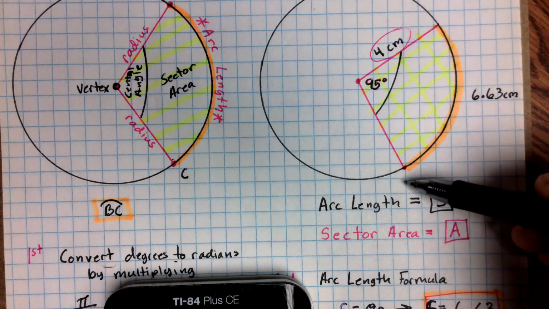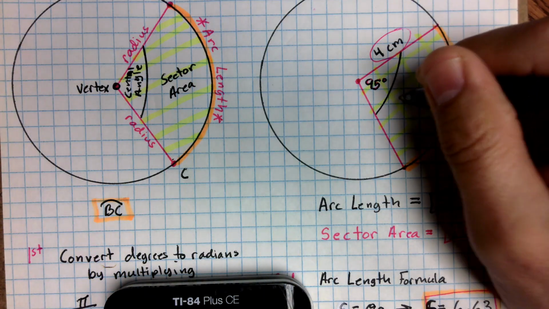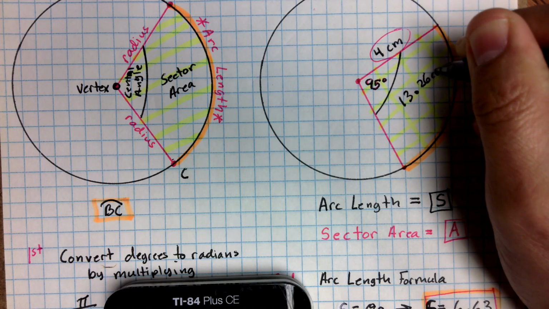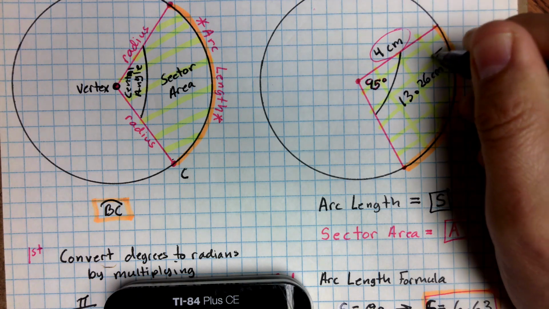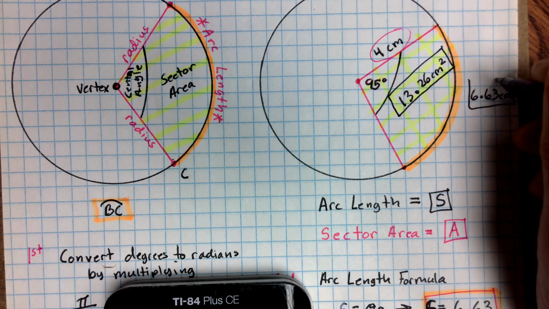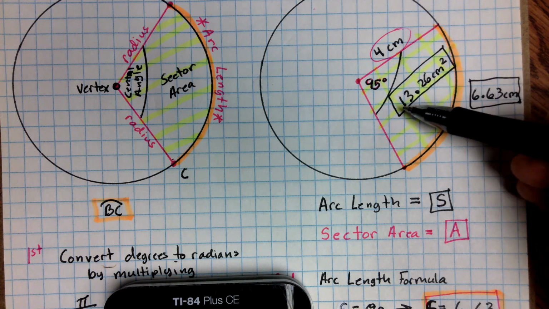We call this the sector area. So right here, sector area is 13.26 centimeters squared. And that is how you find the arc length, and that is how you find the sector area.